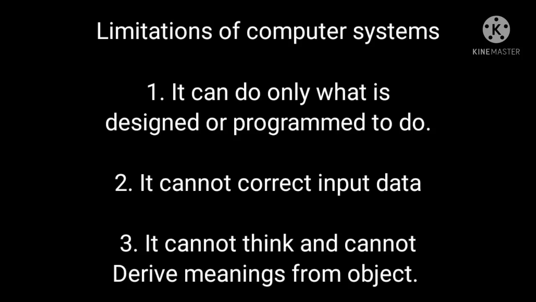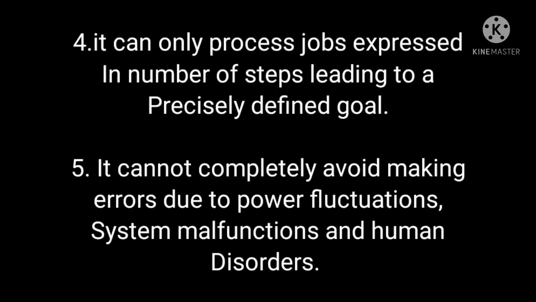The third one is it cannot think and cannot derive meanings from objects. Meaning the computer cannot interpret your favorite poem or your present mood. So basically computers cannot derive meanings from objects. The fourth one is it can only process jobs expressed in a number of steps leading to a precisely defined goal.